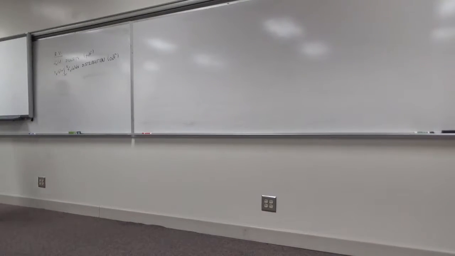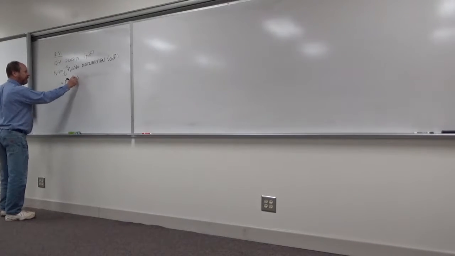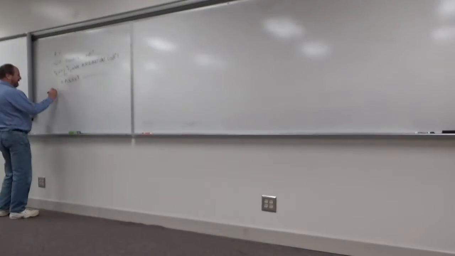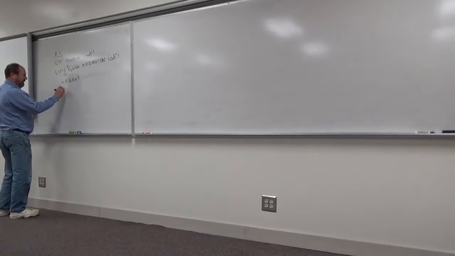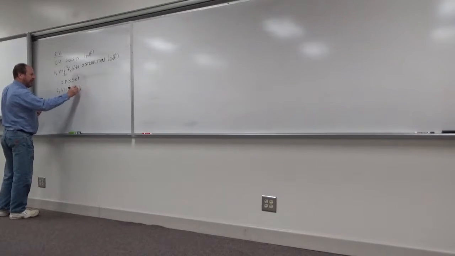And capital F sub x is the probability that the random variable is less than or equal to the value lowercase x. So capital F sub x is a probability. Little f of x is d by dx of capital F sub x.